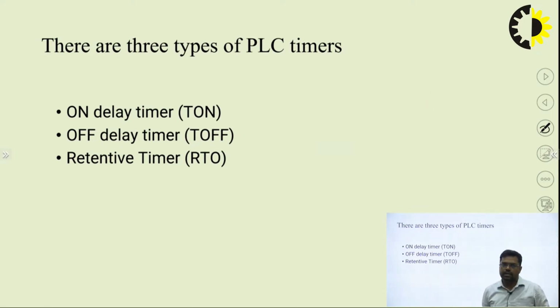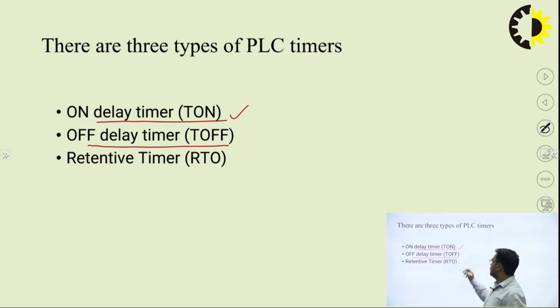So basically there are 3 types of timers available. If we want some delay in a system, there we use the on delay timer. Let's suppose initially some work is already going on, but if we want to stop that process, there we use the off delay timer.